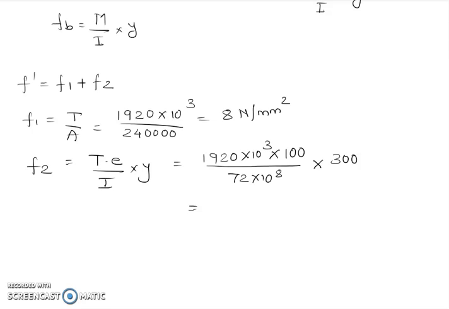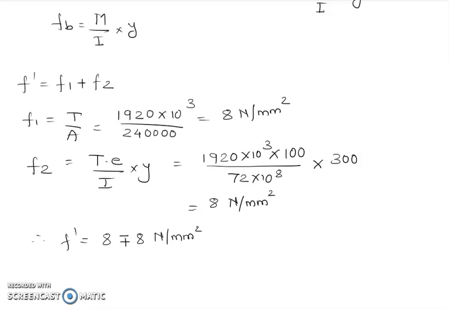So here the value is again 8 Newton per mm square. Therefore, F dash is equal to 8 minus or plus 8 Newton per mm square. This is how it is written. So again, this is either negative or positive depending on the tension and the compression that happens.